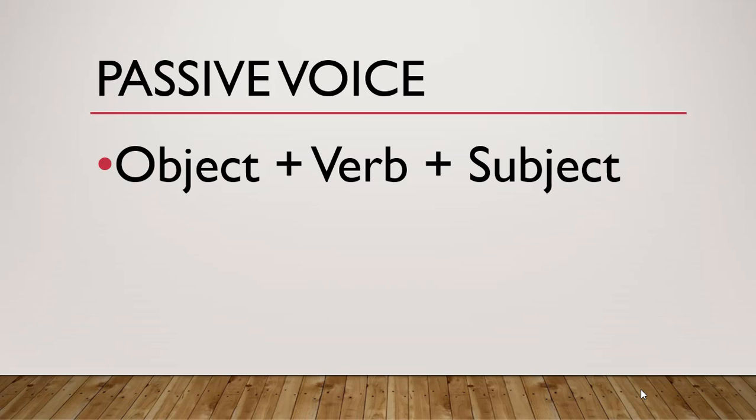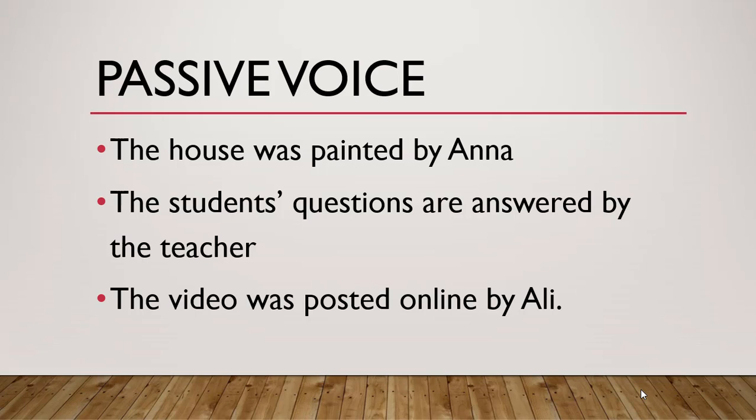Now let's look at examples of passive voice statements. Reframing the initial sentences we made for active voice, we are going to hear the passive voice version of these sentences.